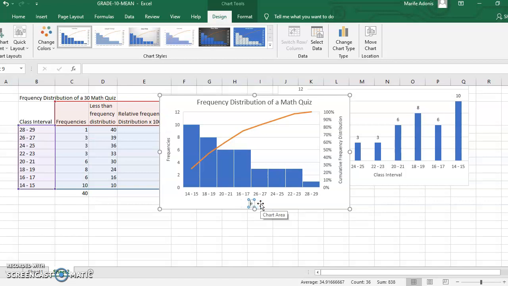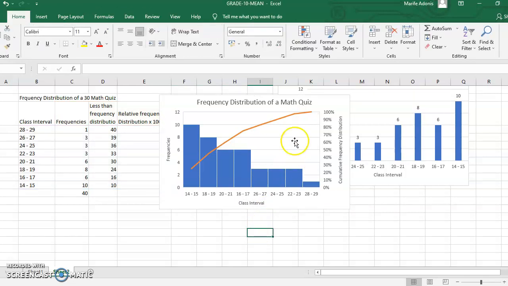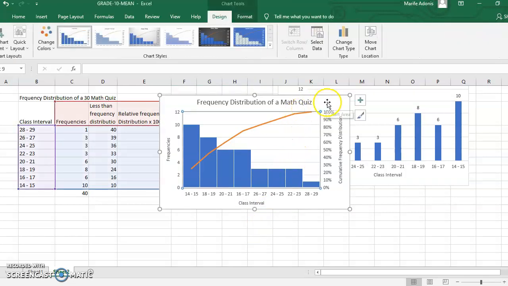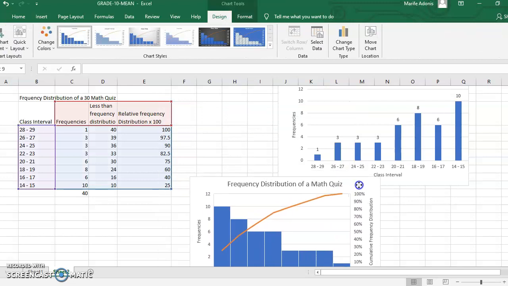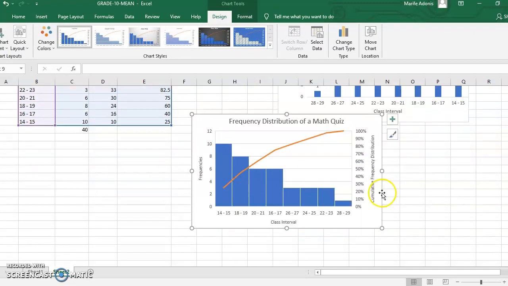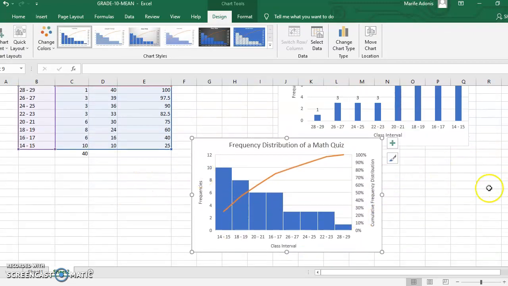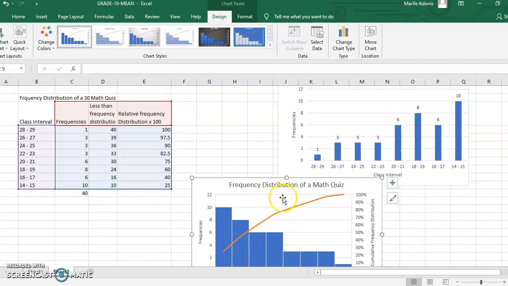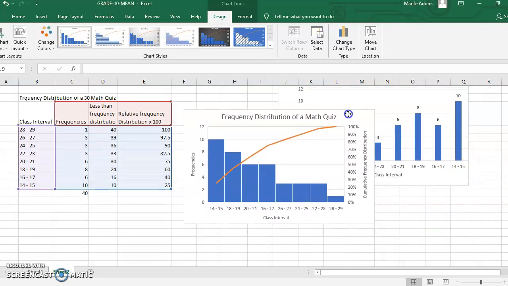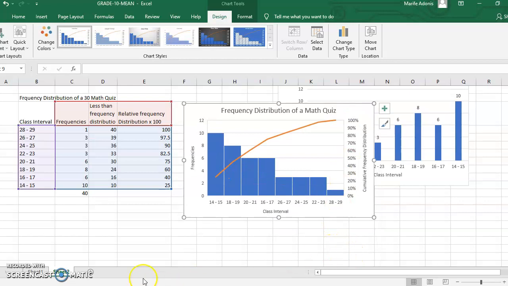Okay, so napansin niyo na agad, meron na siyang class interval ito. Ayan, okay. Look at the chart. Now, let's analyze, no, kung tama ang given natin, no. So, okay, dito muna tayo. Pansin nyo to, no?